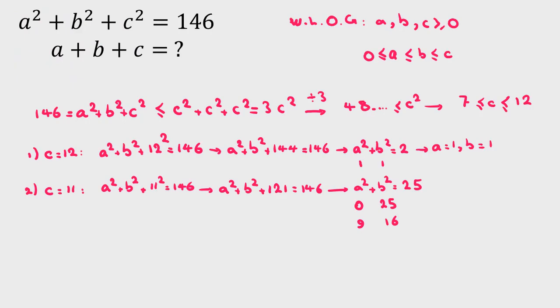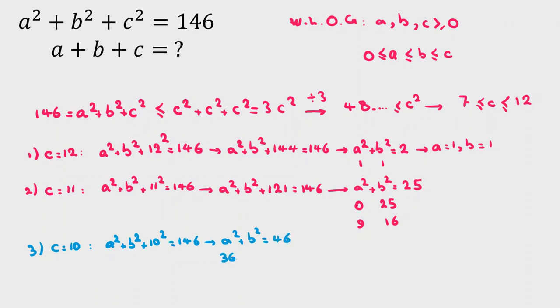Now, let's check the third case. C equal to 10. So A squared plus B squared plus 10 squared equal to 146. A squared plus B squared, 10 squared is 100. 146 minus 100 is 46.